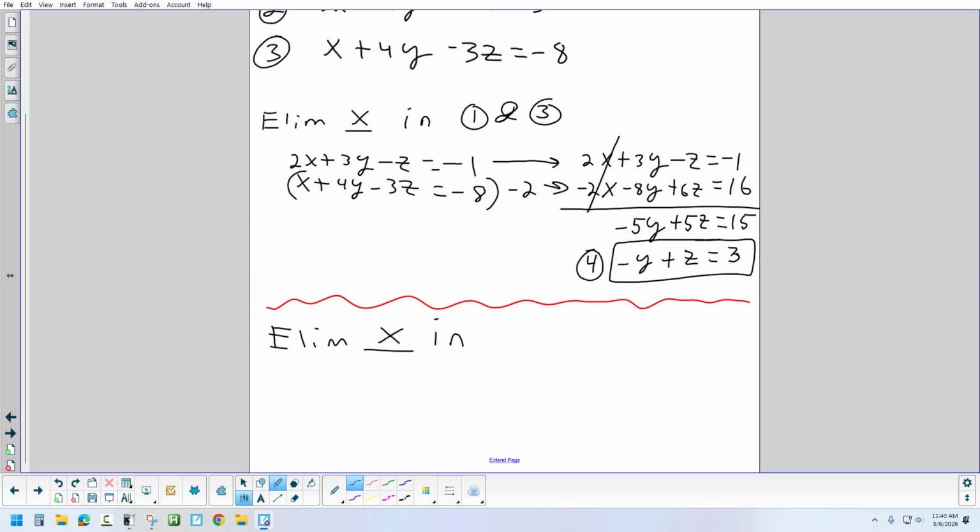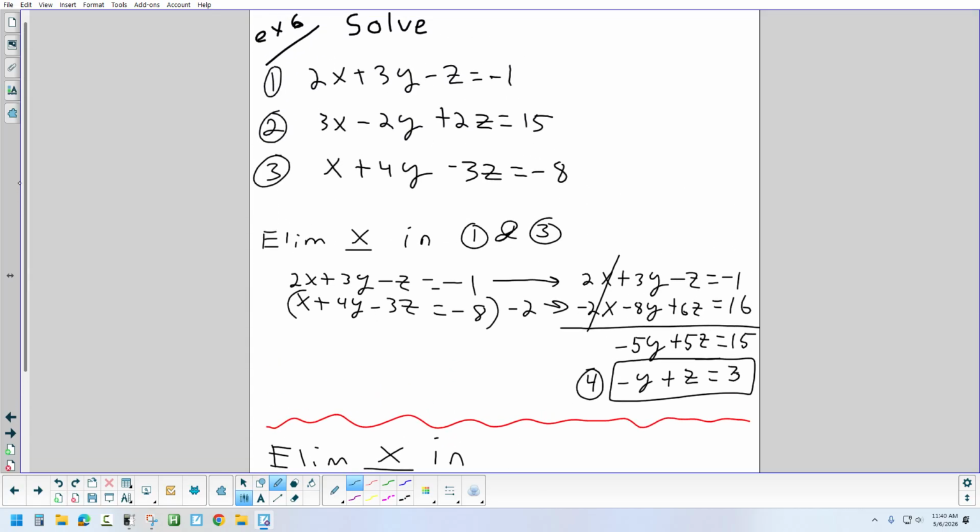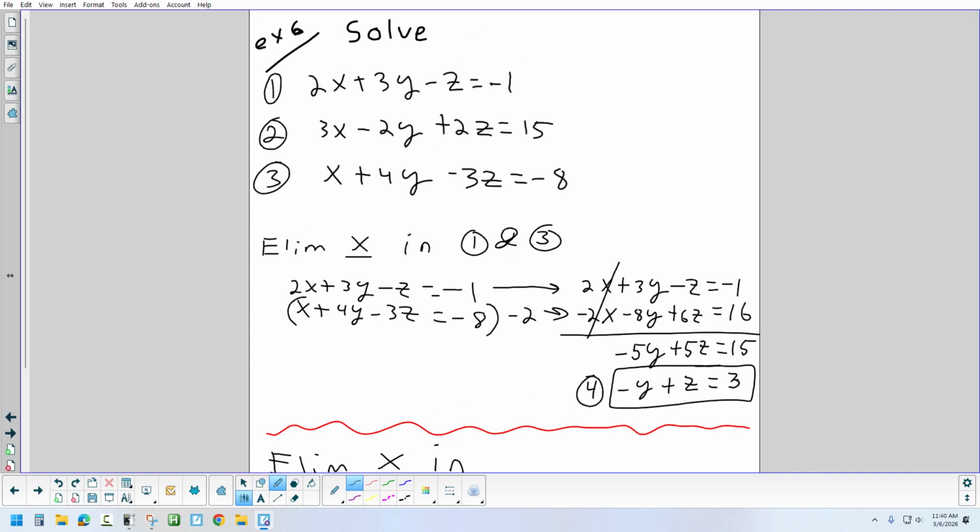It just can't be 1 and 3. Well, we'll come back to 4 in a minute. Let's stick with one of the original ones. We can't use 1 and 3.